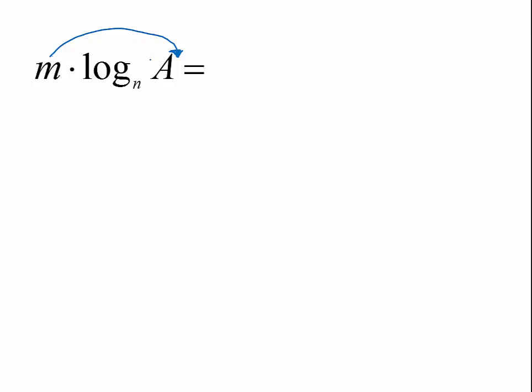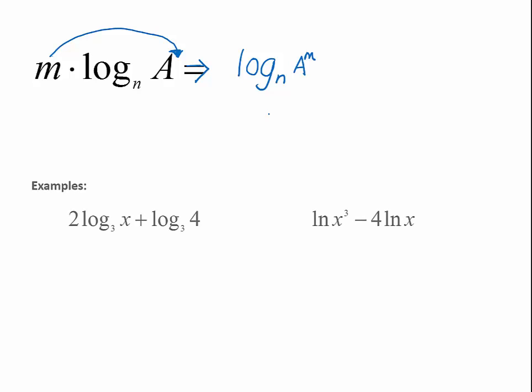It can, but it doesn't work for everything. So I'm only going to say that this is an arrow, not an equal sign. So if it starts out in this format, we can turn it into log base n of a to the m power. So here are some examples of why you might want to do that, because that seems kind of a weird thing to do.